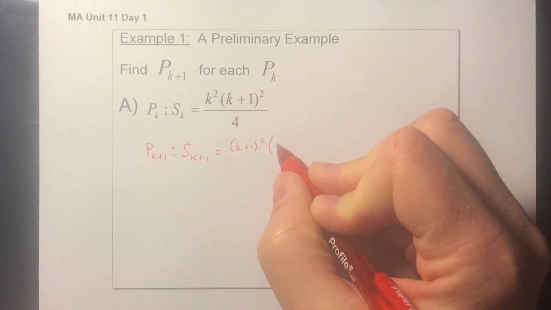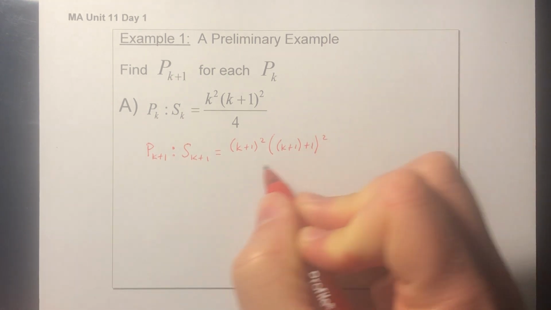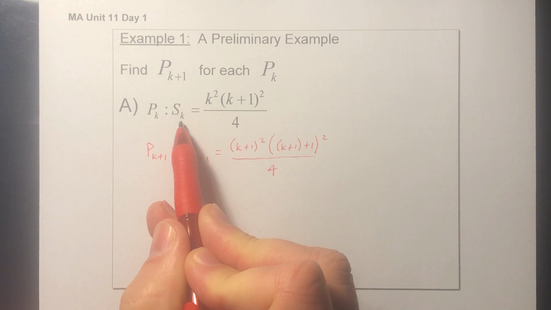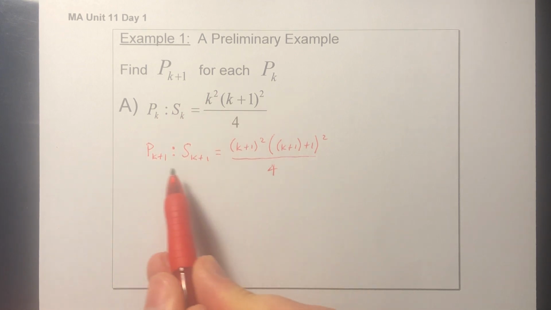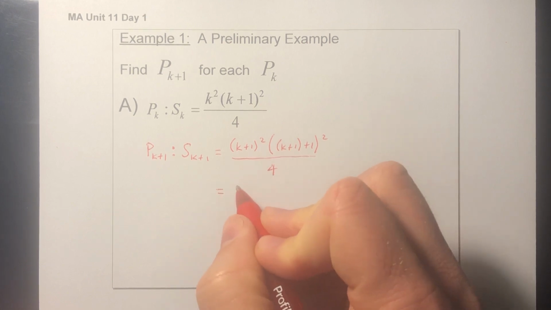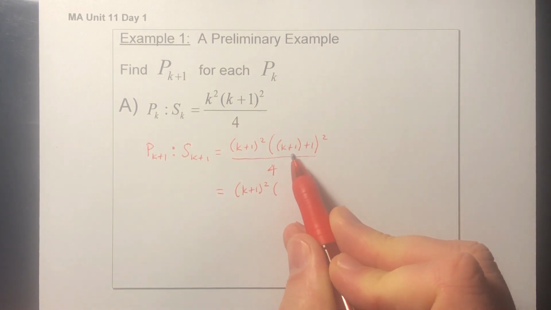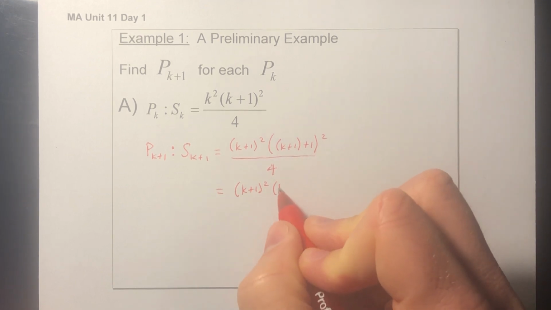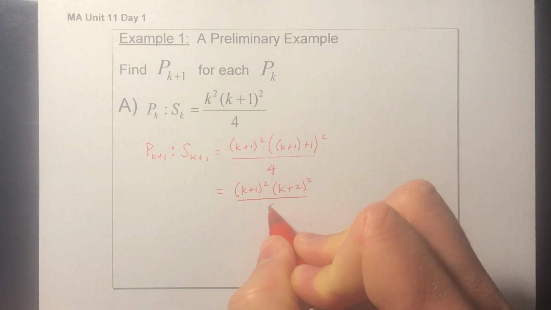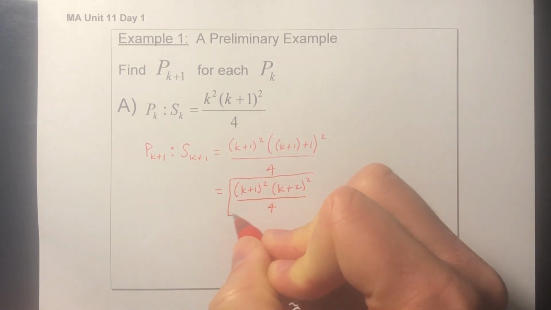And then this k, put that in parentheses. So I replaced each k with k plus 1. Now let's clean it up. This is just going to stay put right there. But here we have k plus 1 plus 1, so that turns out to be k plus 2 inside the parentheses. Okay? And that's your answer.